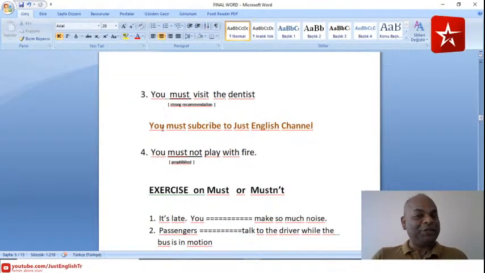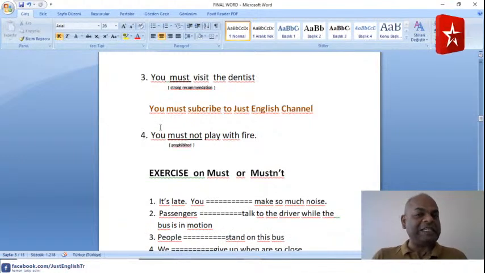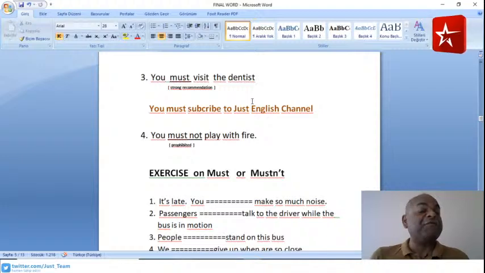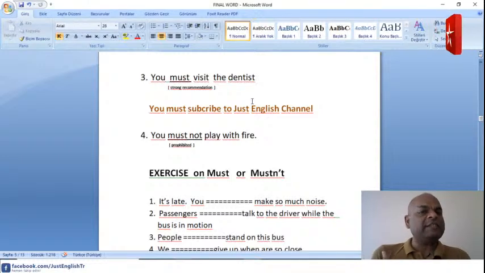Now let's do number 3 together. You must visit the dentist. When you say you must visit the dentist, for example, your friend can tell you, hey, you need to go and visit the dentist. What do you think, guys? Is it a reference or is it a recommendation? Is it an opinion? Tell me.